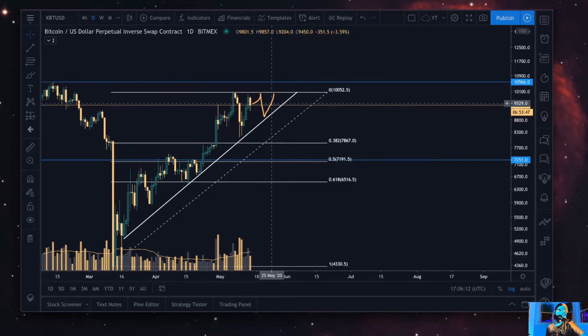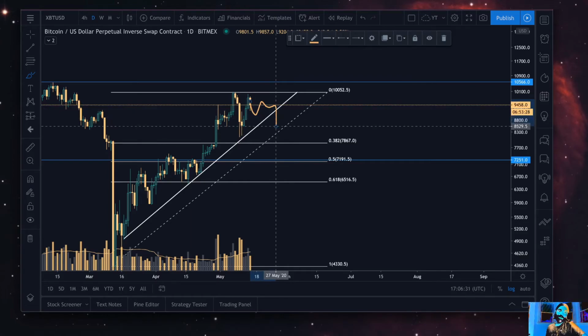As far as the symmetrical triangle, if we see something like this where we maintain this area here, but then we continue to create lower highs, something like that. That's not the prettiest way. Let me actually redo that a little bit. So if we have it something like that, then I would be expecting a breakdown out of this region. And we could use something like the RSI or the MACD to show us some divergence there.